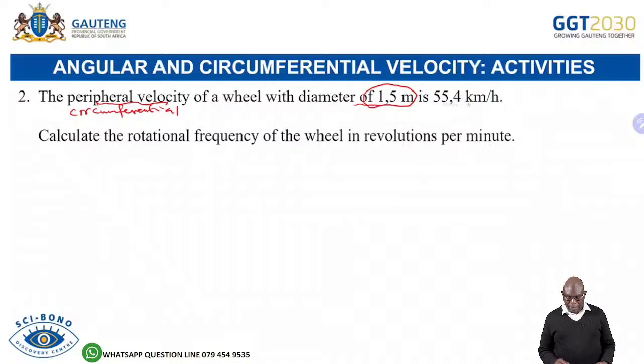And they say the velocity is 55.4 kilometers per hour. Now we want to calculate the rotational frequency of the wheel in revolutions per minute. So what am I going to do here? I'm going to take the velocity.